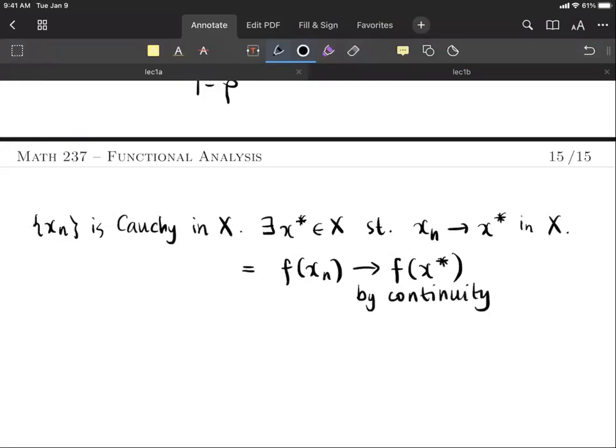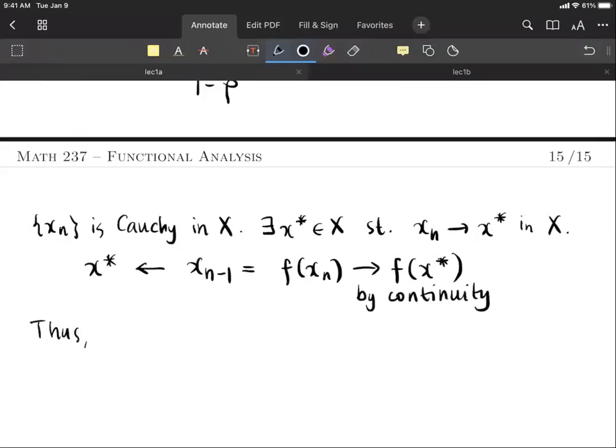By definition, this is x sub n minus 1. And as n goes to infinity, of course, this will also converge to x star. In metric spaces, we know that limits are unique because, as we said a while ago, metric spaces are Hausdorff.